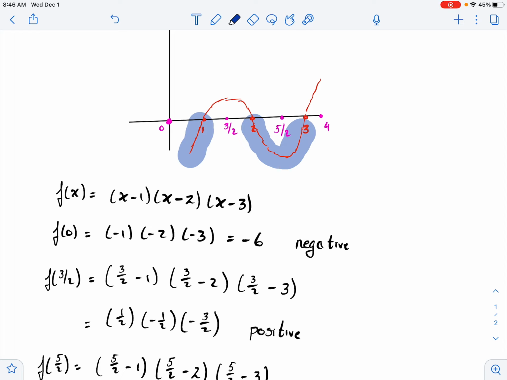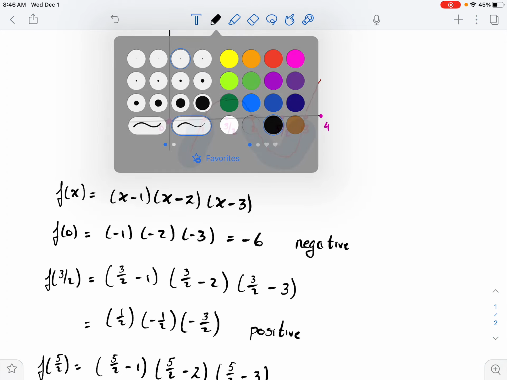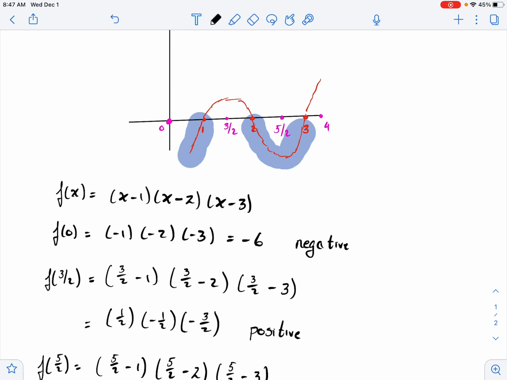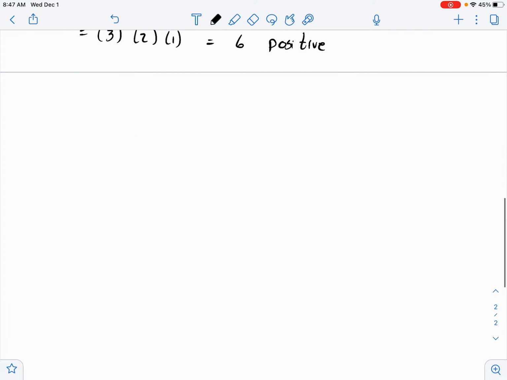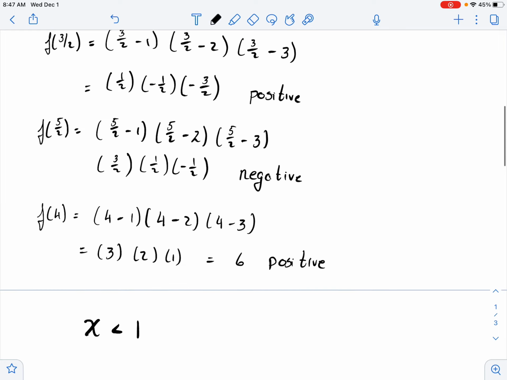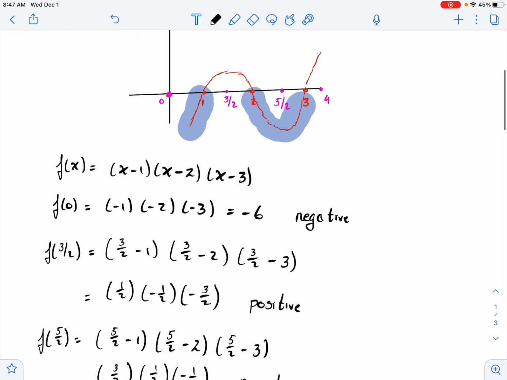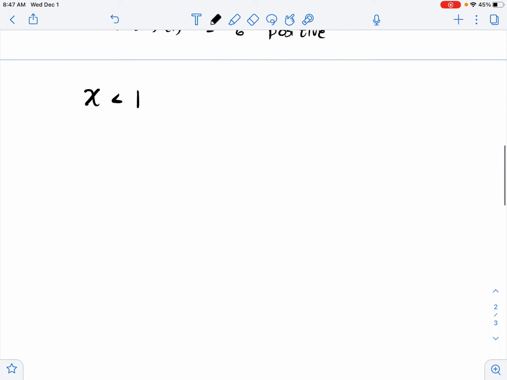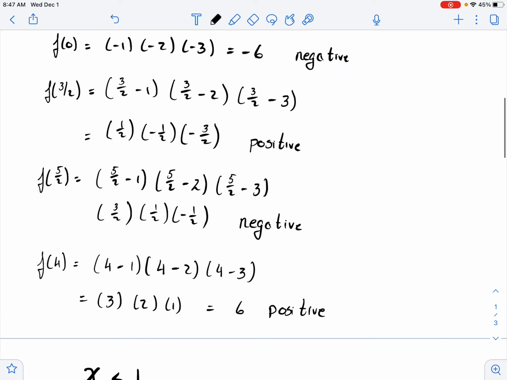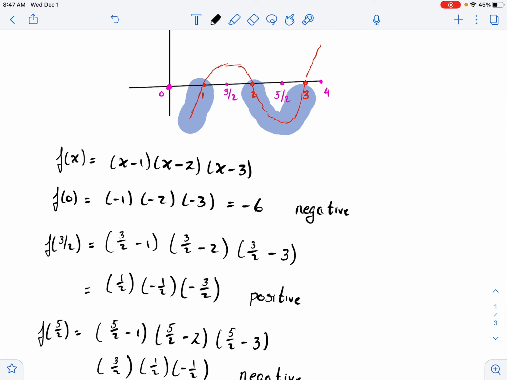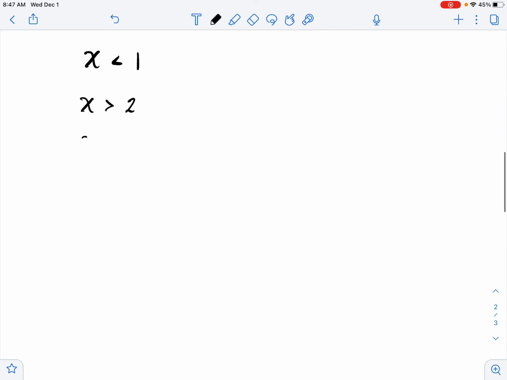So it is for values of x to the left of 1, that's x less than 1. And also for values of x in between 2 and 3, so x greater than 2 and less than 3.